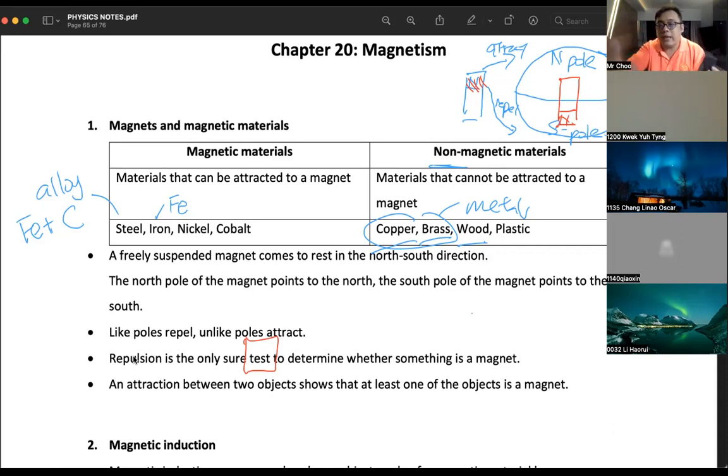Okay, but if one of them is magnetized, becomes a magnet, and the other one is not, then they can attract. Is that clear? So the attraction test cannot confirm a magnet. Clear? The attraction test cannot confirm a magnet. Only a repulsion test can confirm. Okay, so if you are clear about this attraction and repulsion, can you give me a clap? If you understand.